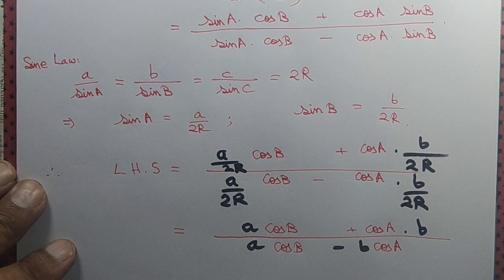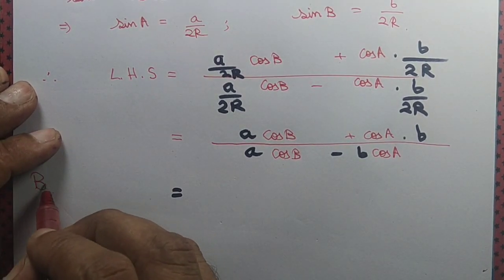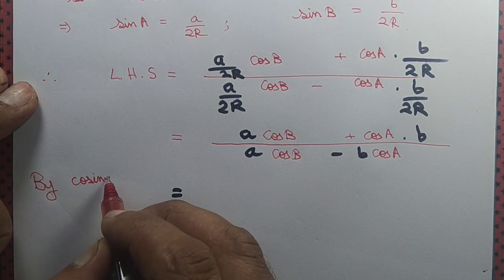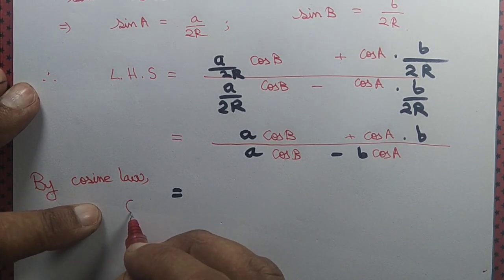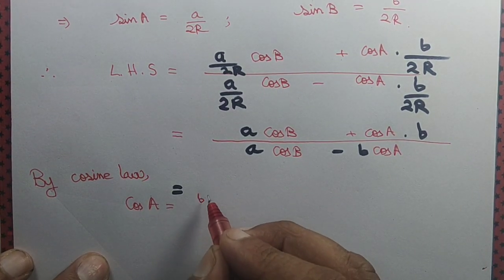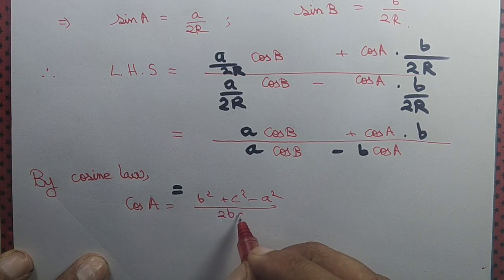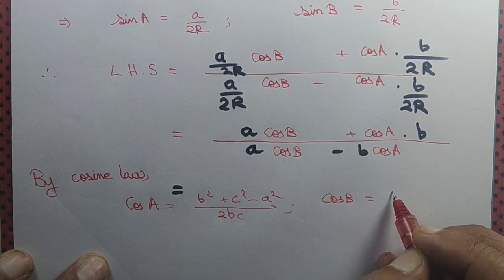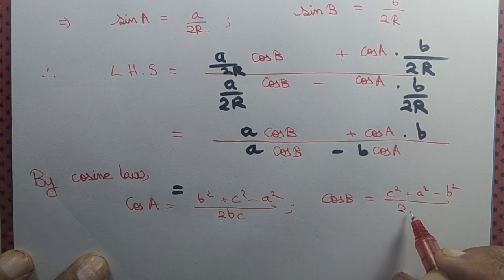Now let us recall the cosine law. By cosine law, cos A equals (b² + c² − a²) by 2bc, and cos B equals (c² + a² − b²) by 2ca.